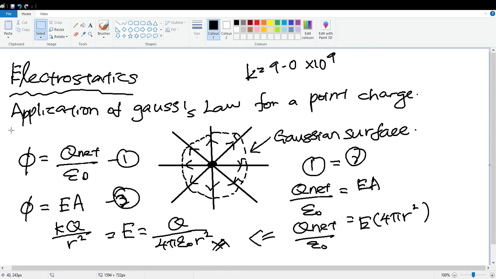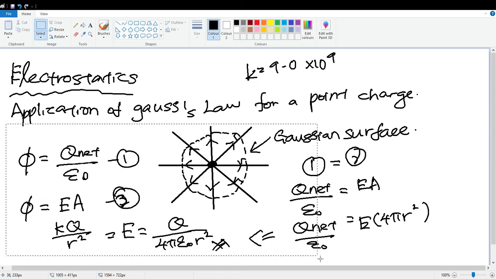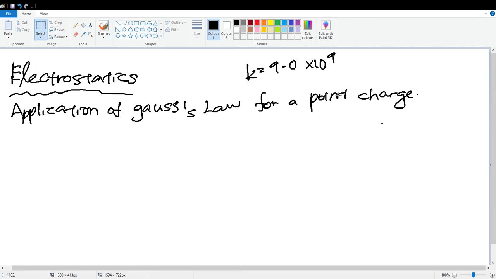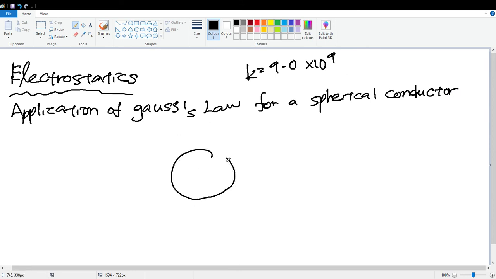So what happens to the application of Gauss law in a spherical conductor? Consider I have a spherical conductor. Inside this spherical conductor there are different charges, positive Q1 and negative Q2.